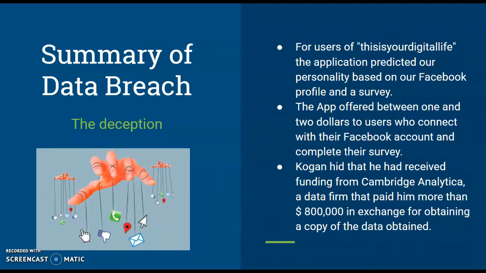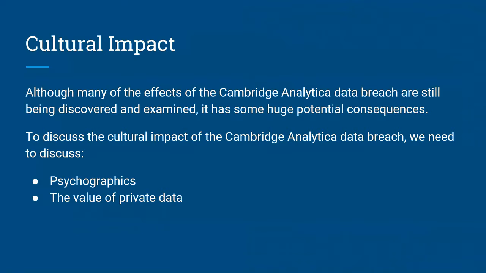Kogan hid that he had received funding from Cambridge Analytica, a data firm that paid him more than $800,000 in exchange for obtaining a copy of the data obtained.